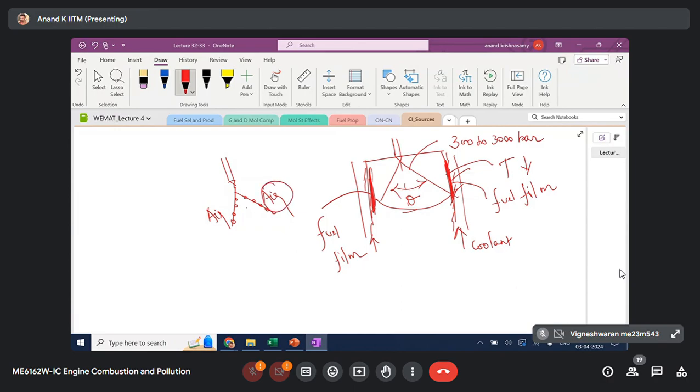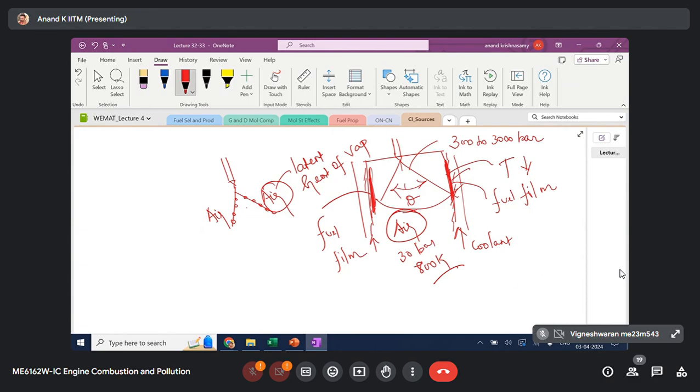Air is providing the latent heat. So latent heat of vaporization is provided by air to the fuel. Air is at a high pressure and temperature when the fuel is sprayed. Typically, I have given some numbers also: it's around 30 bar and around 700 to 800 K. Air is providing the latent heat to the fuel.